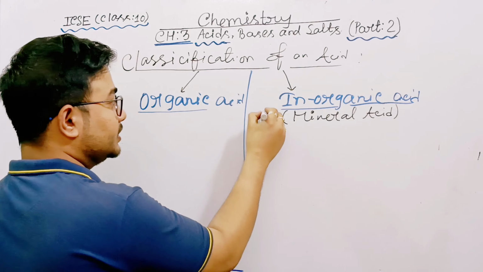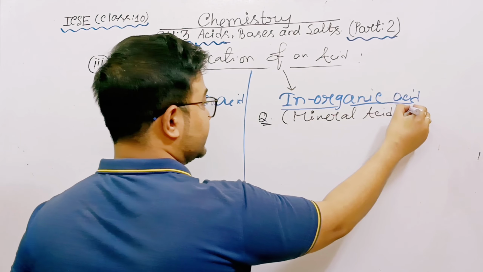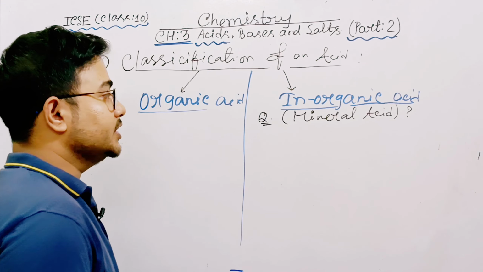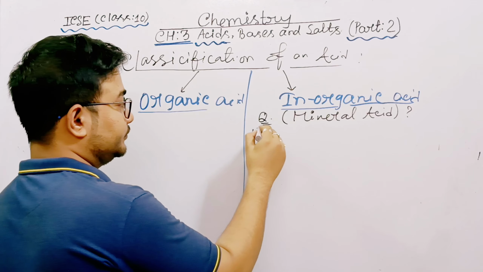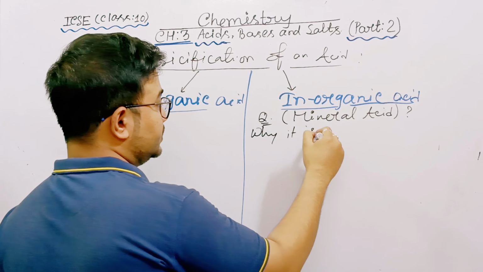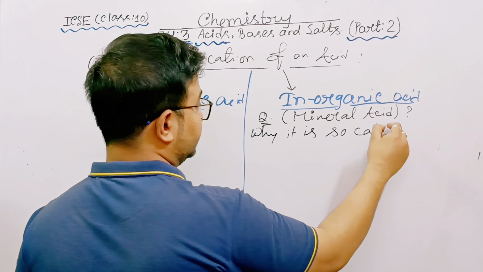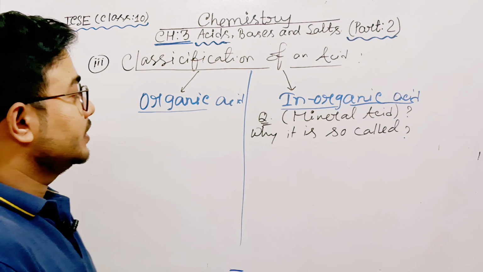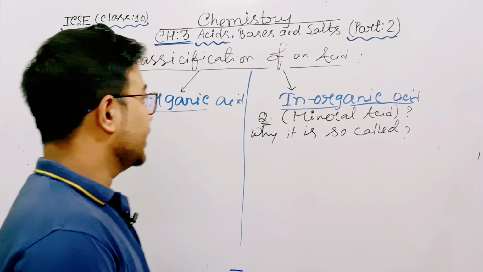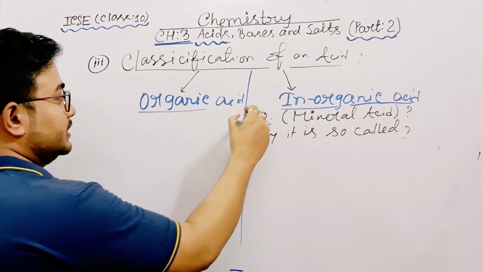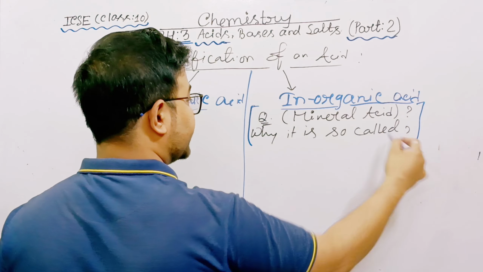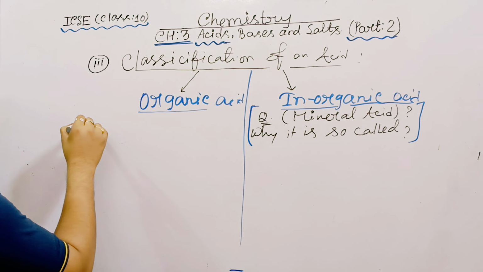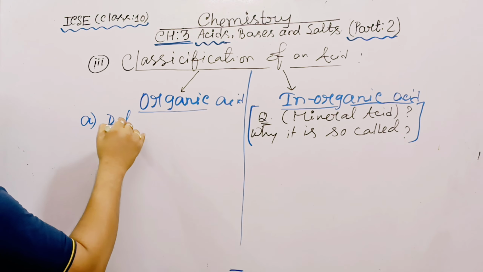This is a question I will discuss later. You can write down the question, why it is so called, or why it is called mineral acid. First I will discuss this later after giving the definition. First the definition, point number A, definition.